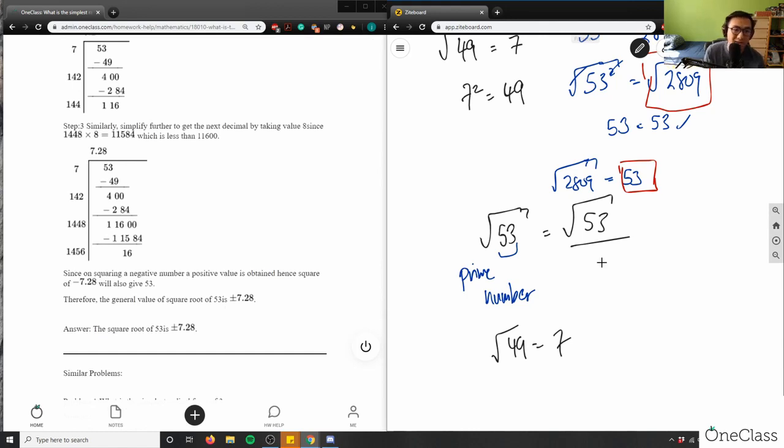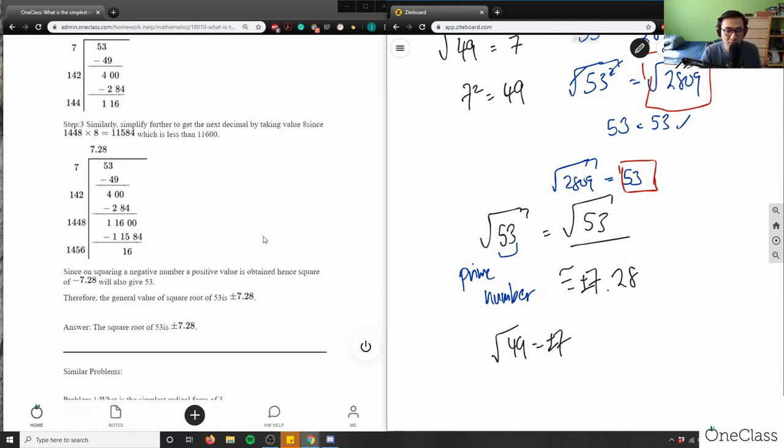So it's not an exact value, which I don't really like. I would personally just keep it at root 53, but this here is approximately 7.28, or plus or minus 7.28. It's not a very nice number, but in reality, when we talk about simplest radical form, we want to leave it as the square root of 53.